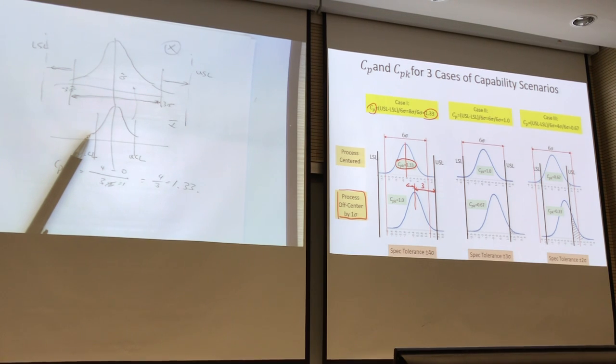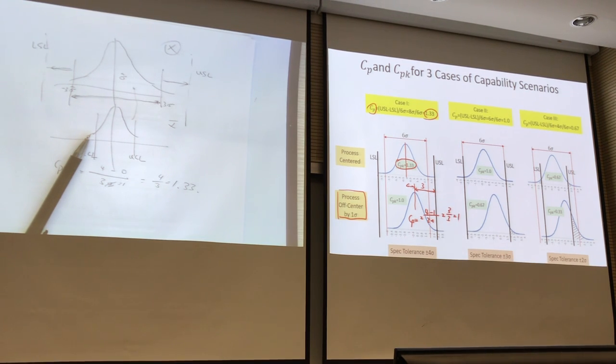CPU is equal to 4 minus 1, divided by 3 times 1, so it's 3 over 3, equal to 1.